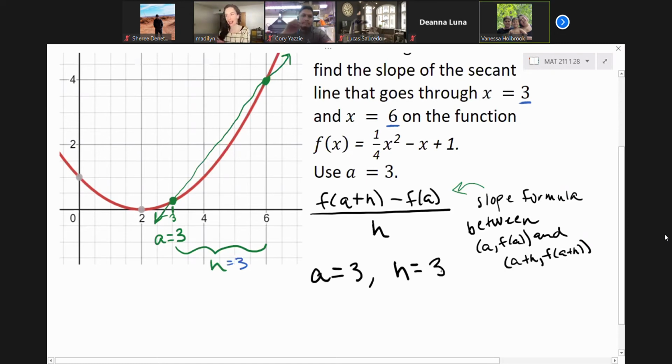So we're still going to be plugging in f of 6 for the first part because that's a plus h, and f of 3 for the second to find our y values. But then on the bottom, we can just use h is 3, which comes from 6 minus 3.